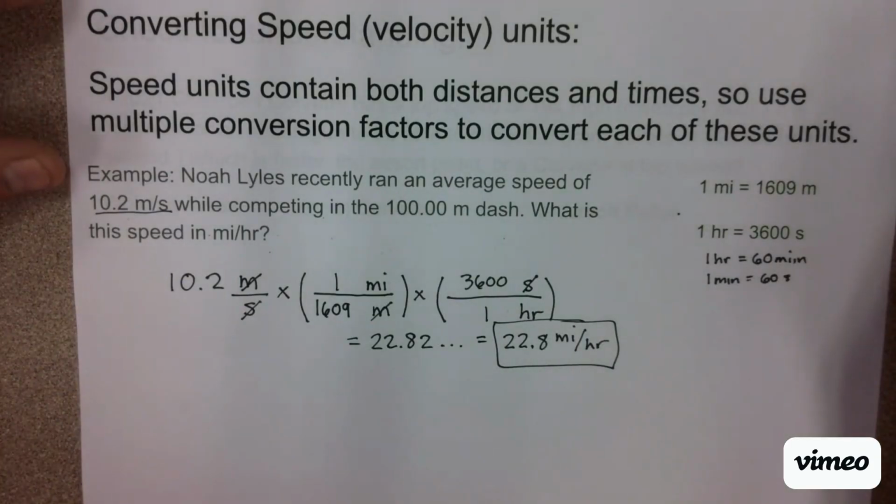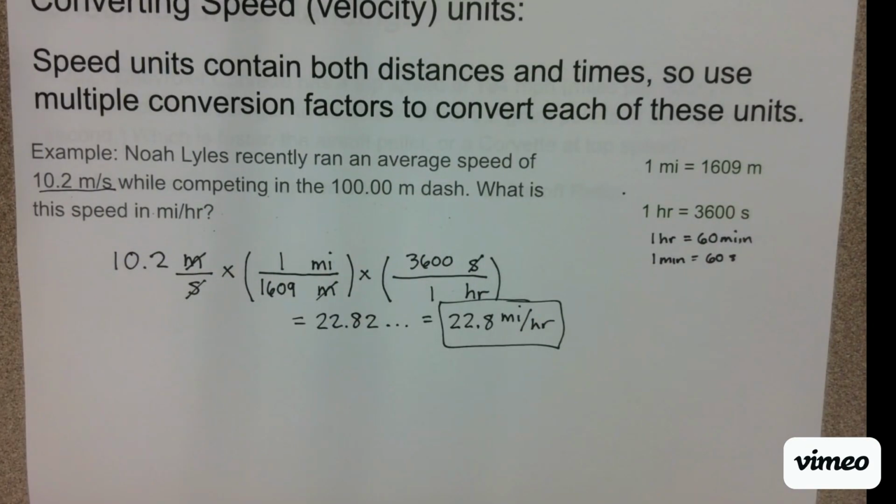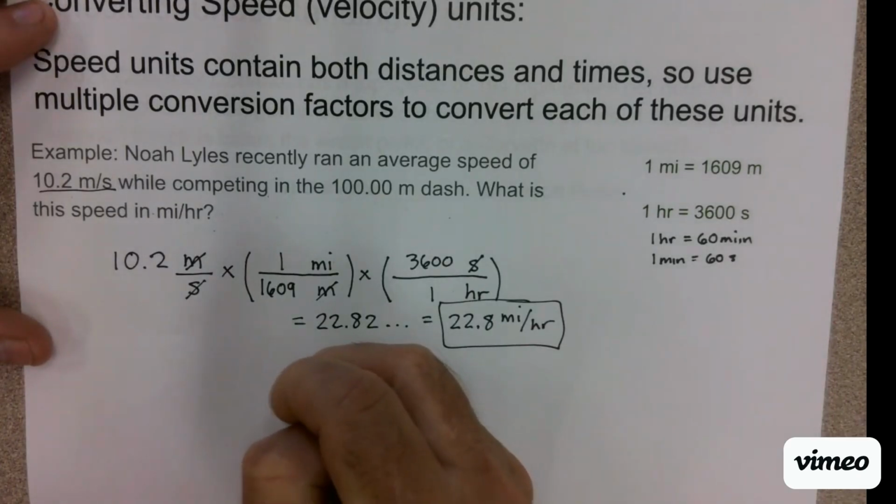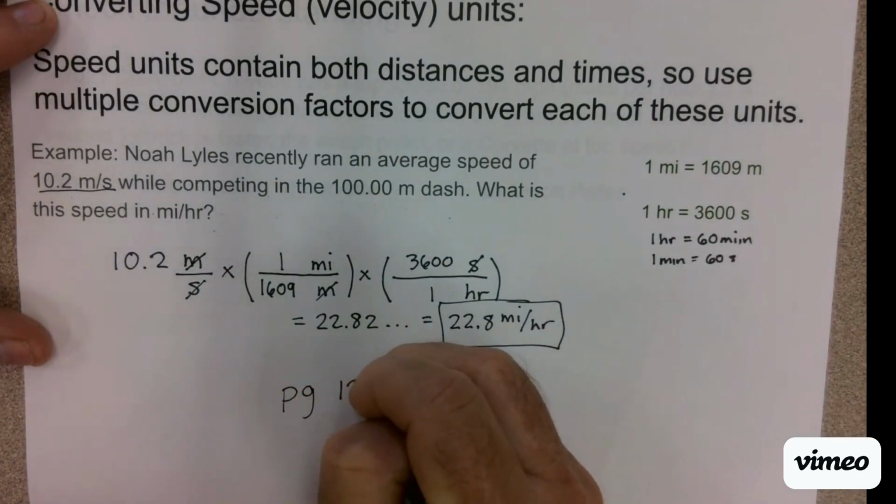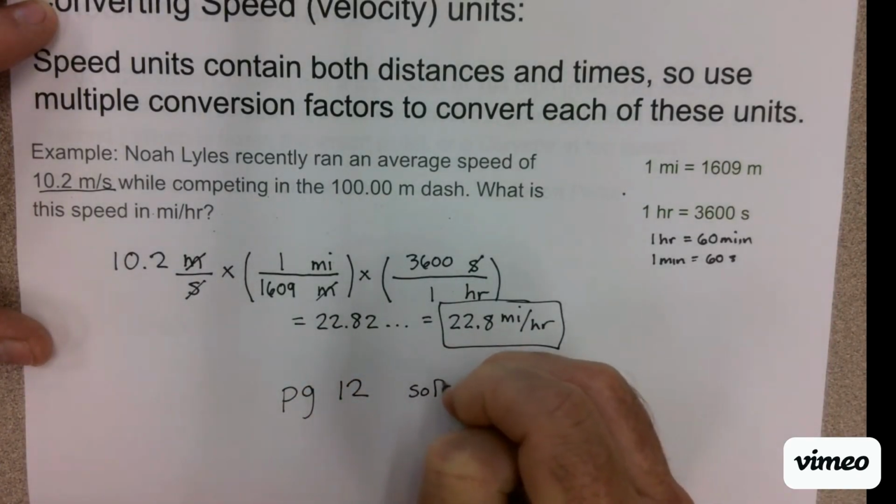Okay, if you need some more help, then I have 2 recommendations for you. First, you could look in the physics soft text, right? If you take physics at Ralston Valley High School, we have a section in our book that's about this, and it starts on page 12 of the physics soft text, okay?